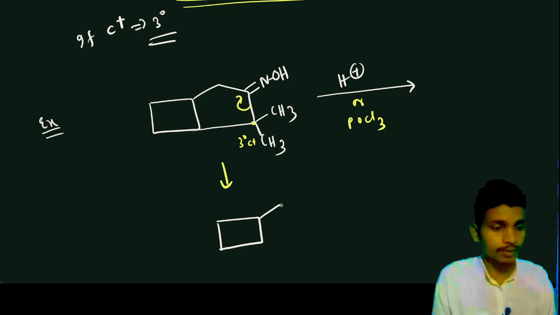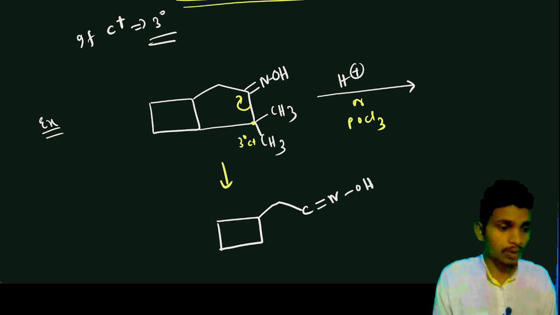Here we have the C, here we have the double bond N, and here the OH. First, the same thing happens as in Beckmann rearrangement. Here N is there, here OH is there, and here CH3, CH3.